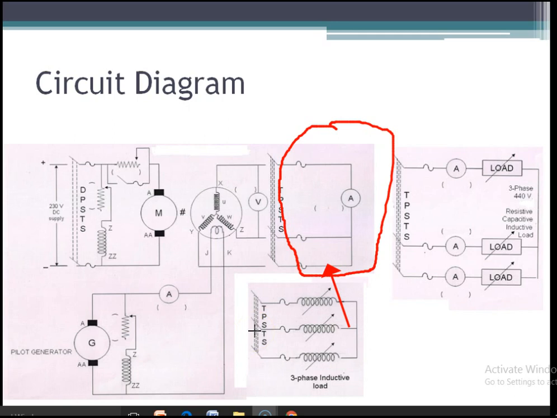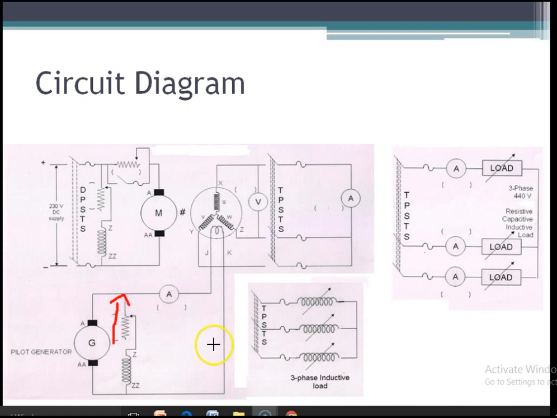Now it's over. What next? See that the alternator runs at the rated speed or its synchronous speed. Now you have to increase this field resistance until the rated voltage is obtained here. Okay. Next step. Take one reading at the rated voltage.